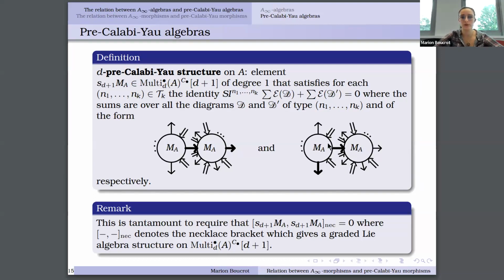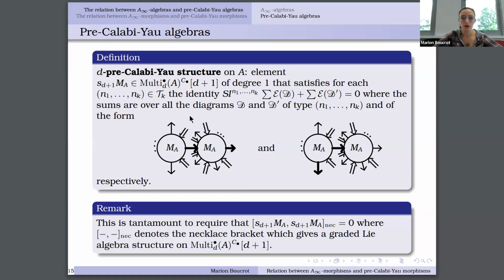This is the first difference, and the second difference is that here the last outgoing arrow of the diagram is on this MA, which receives in some sense an input from this MA, and here the last outgoing arrow is on this MA, which will give one of its outputs to the other.